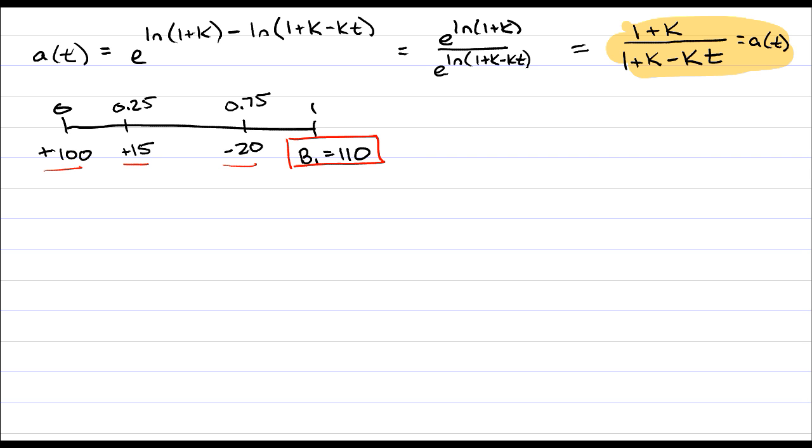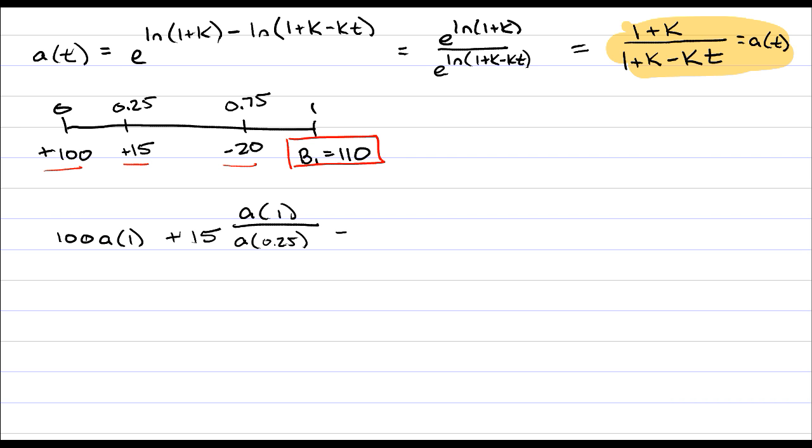So my equation is: $100, my deposit at time 0, accumulated from time 0 to time 1, plus my $15 deposit at time 0.25, accumulated from time 0.25 up to time 1.